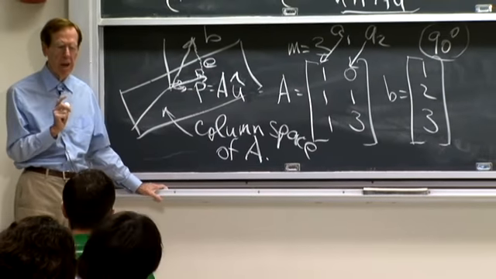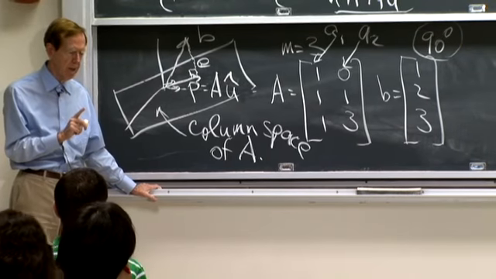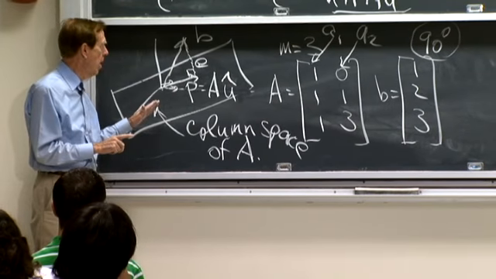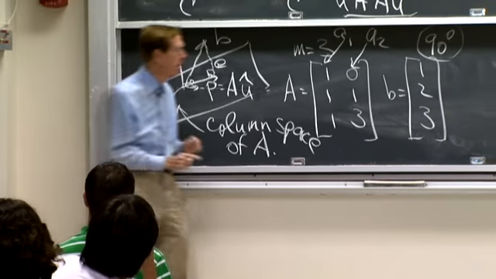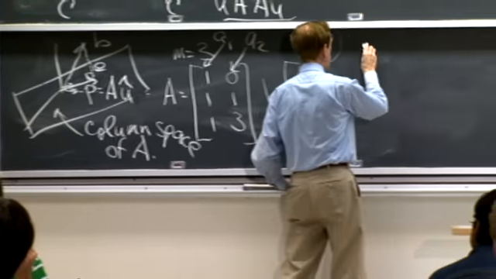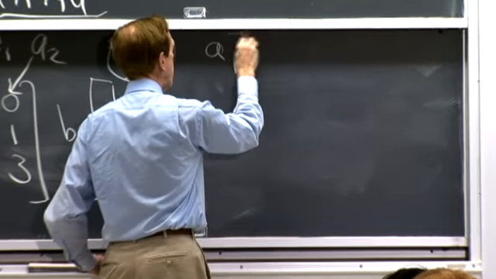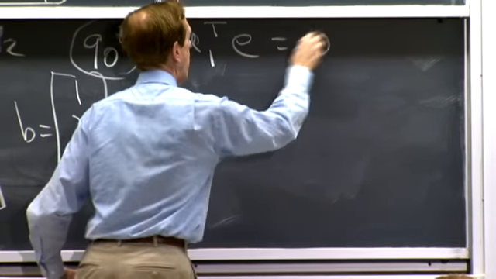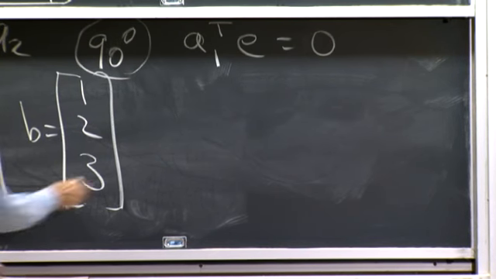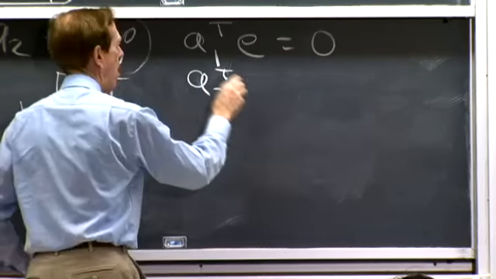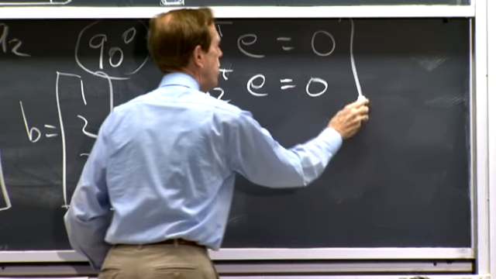Say that right for me. The first equation says that A1 and what are perpendicular? E, thank you, E. So the first equation says that A1 transpose E is 0. And the second equation says that A2 transpose E is 0. Those are my two equations.